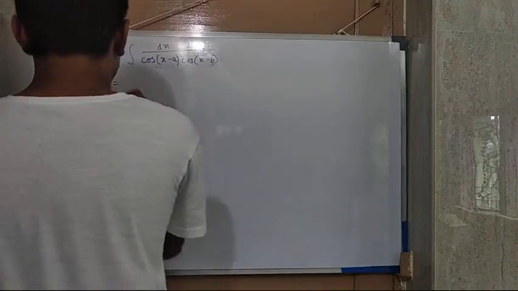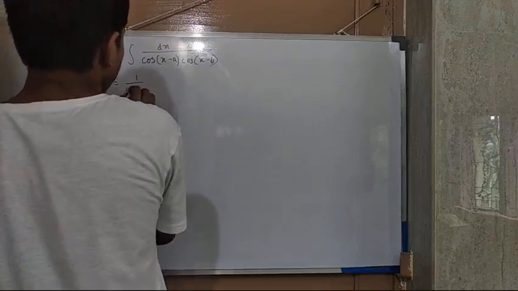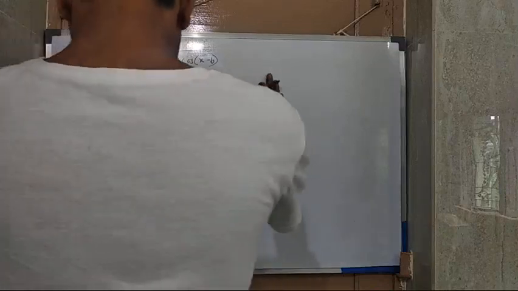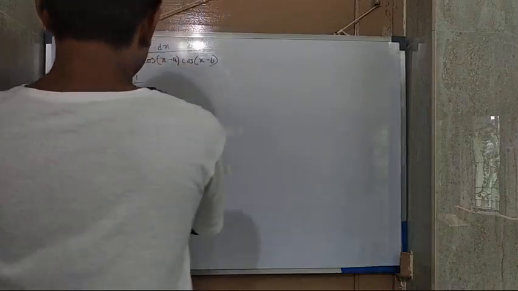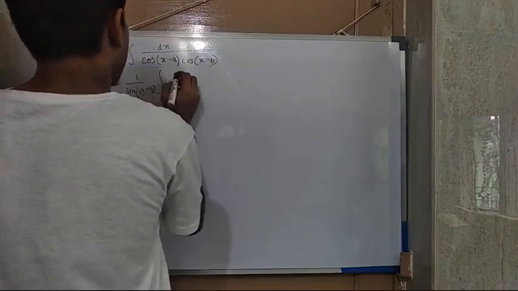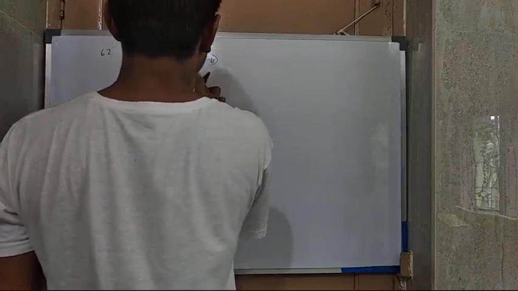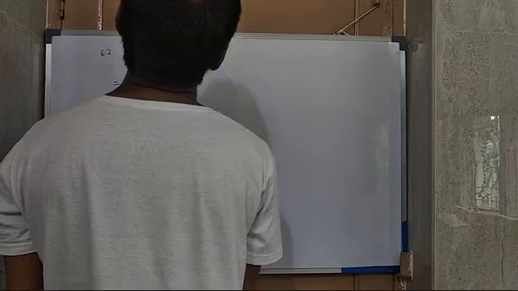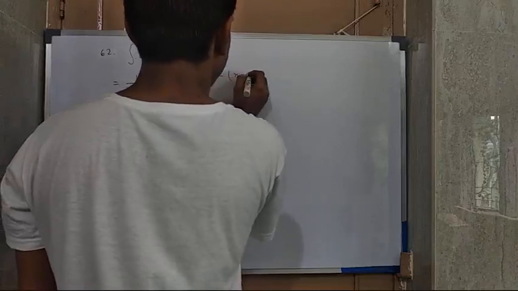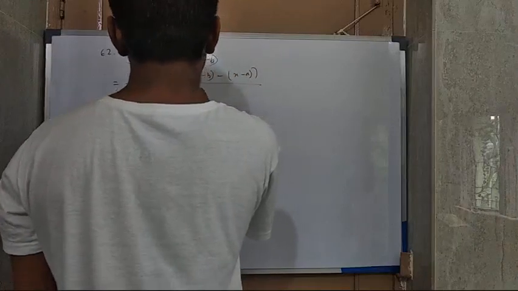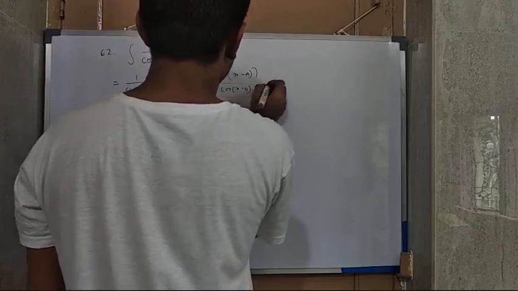So let's take 1 by sine of (a minus b) and the integral of sine of (a minus b), that means sine of ((x minus b) minus (x minus a)), divided by cos of (x minus a) cos of (x minus b) dx.